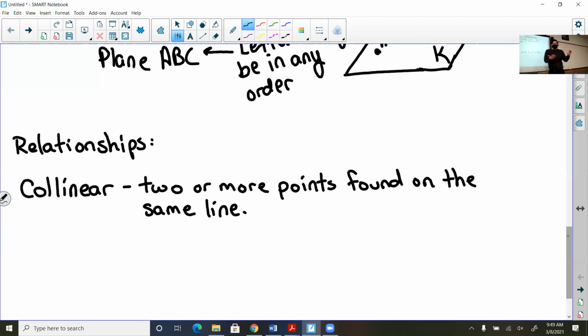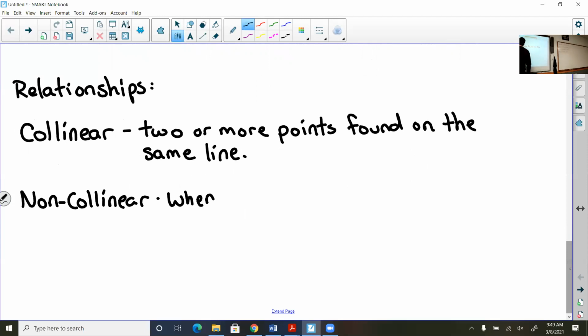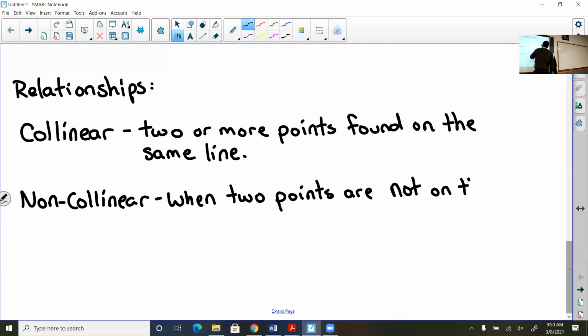Now to go hand in hand with collinear is non-collinear. And that's when points are not on the same line.